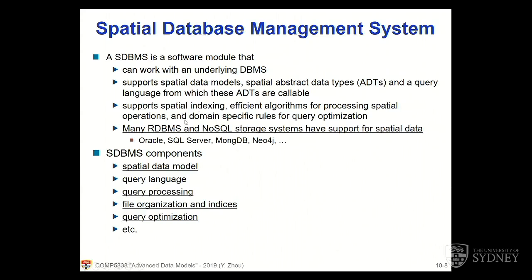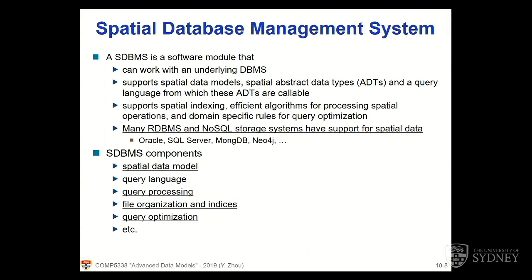And usually they use indexing to make queries more efficient. They also implement efficient algorithms for common types of processing for spatial data. And sometimes domain-specific rules for query optimization, because we can't rely on pure relational algebra now. We have to use some spatial knowledge in it.